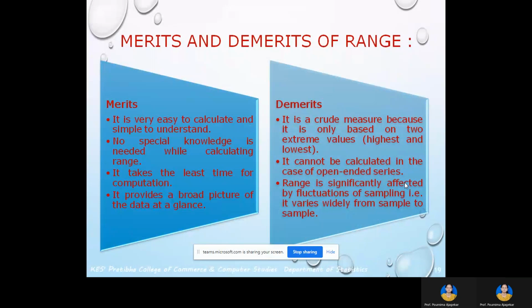And the demerits are: it is a crude measure because it is only based on two extreme values, that is highest value and lowest value. It cannot be calculated in the case of open-end classes. Range is significantly affected by fluctuations of sampling, that is, it varies widely from sample to sample. The range can be misleading because it ignores the way in which the observations are distributed.